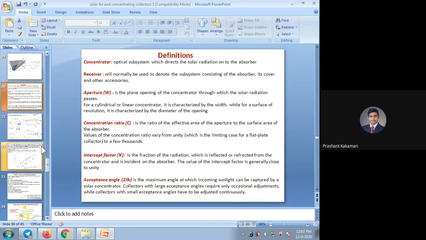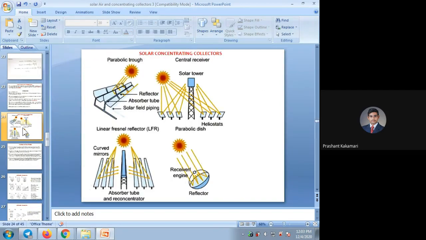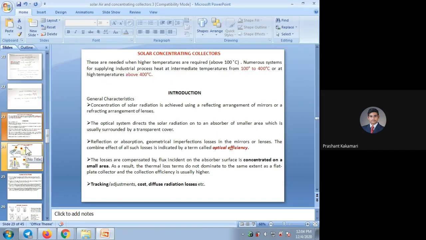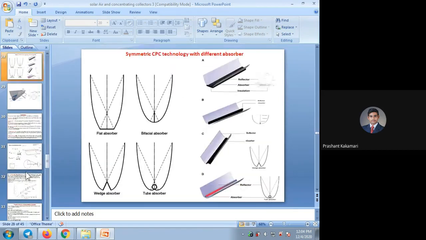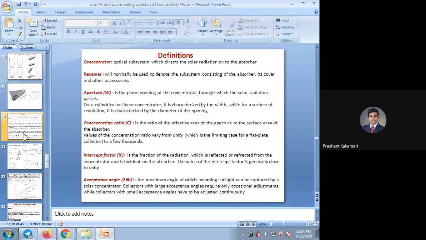Earlier we discussed the classification and different types of collector structures, how they are designed by taking a continuous parabolic trough or split type of lenses, Fresnel lenses or mirrors, and how they focus the solar radiation on the absorber. Now today we will discuss some of the definitions which are used in concentrating collectors.